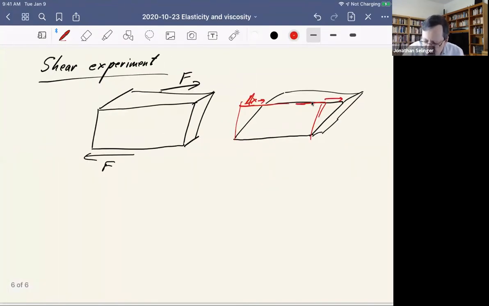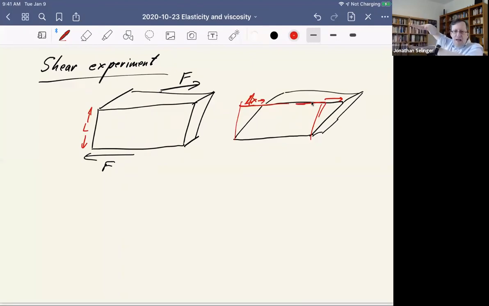That works in the shear experiment also, as long as we are careful to normalize by the right area and the right length. So here, the relevant length is the size of the system this way. Okay, so the distance between the opposite forces, right?